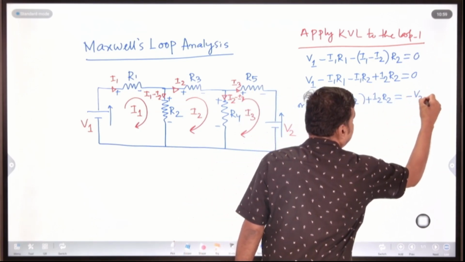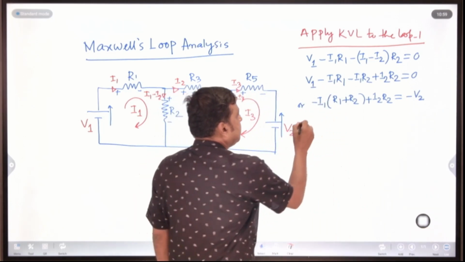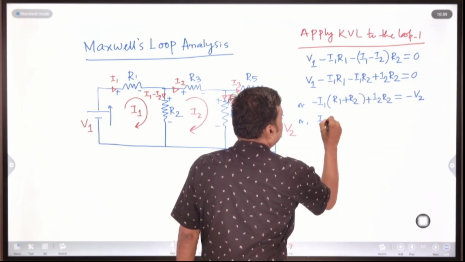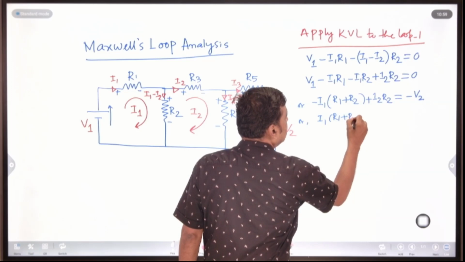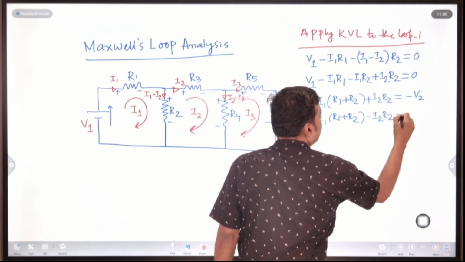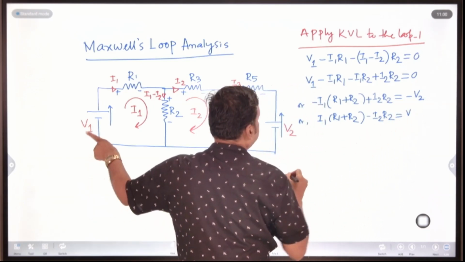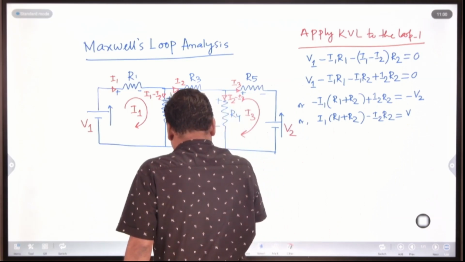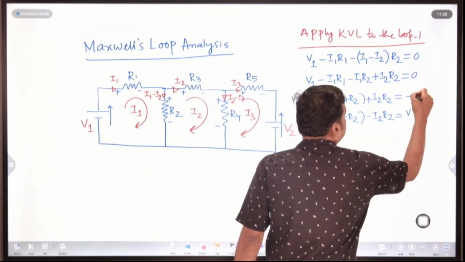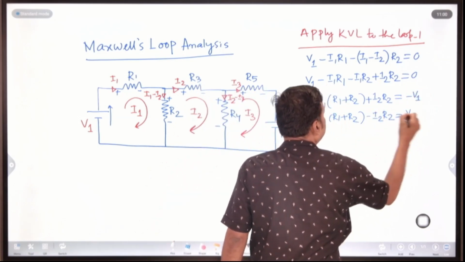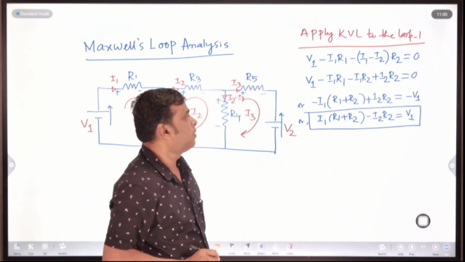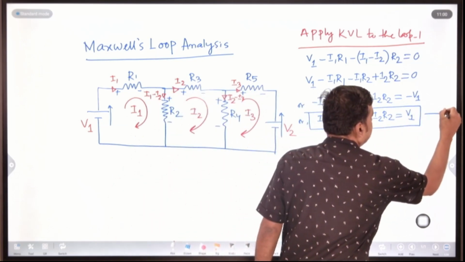The right hand side will be minus V2, or minus multiplied in each term, this will be plus I1 whole into R1 plus R2 minus I2 R2 equal to V1. This is your equation number 1.